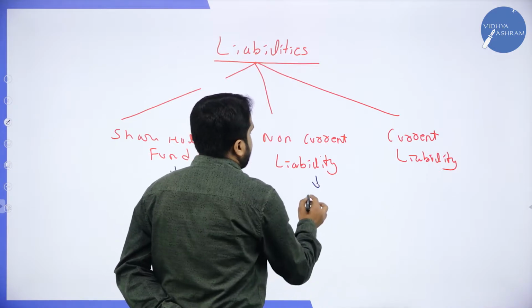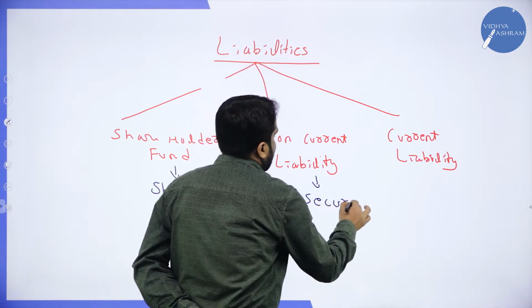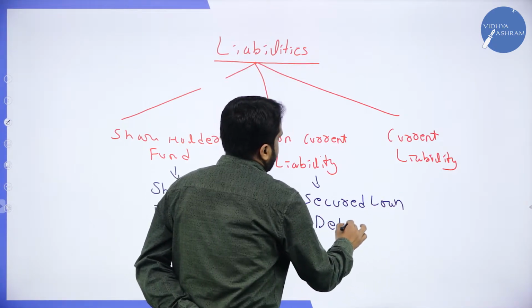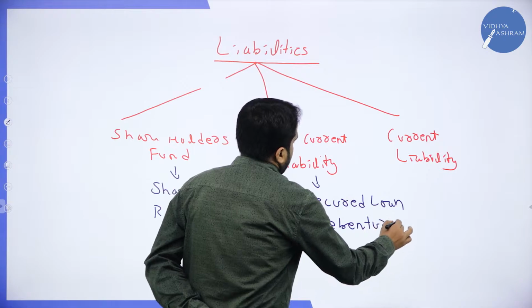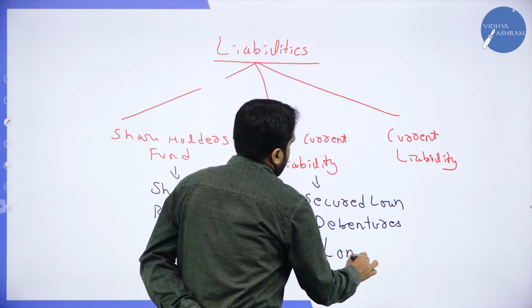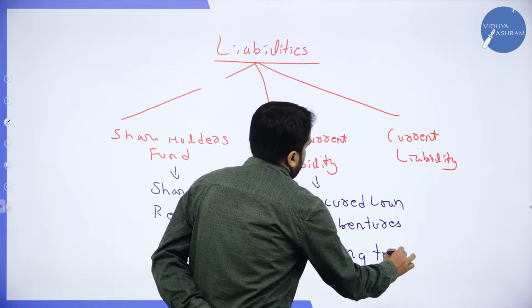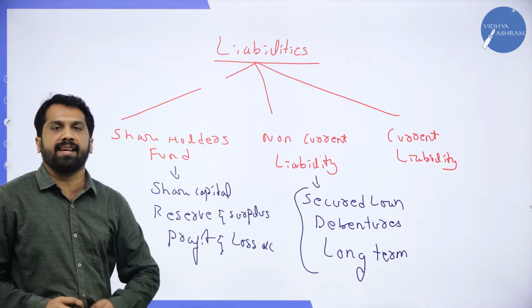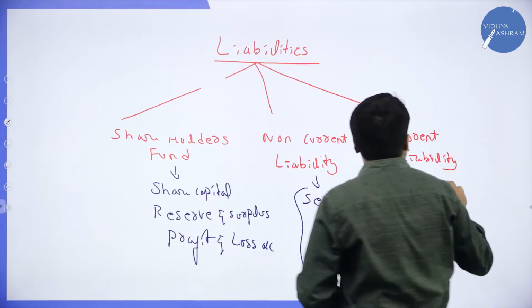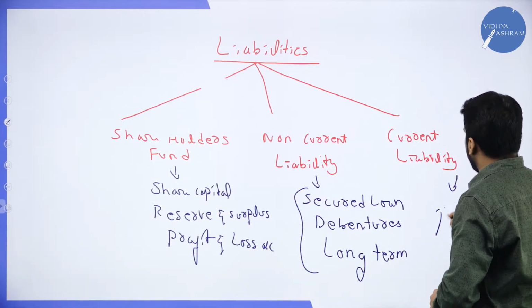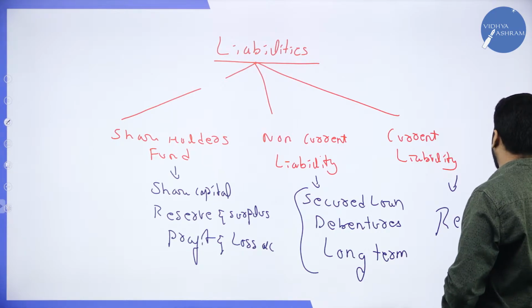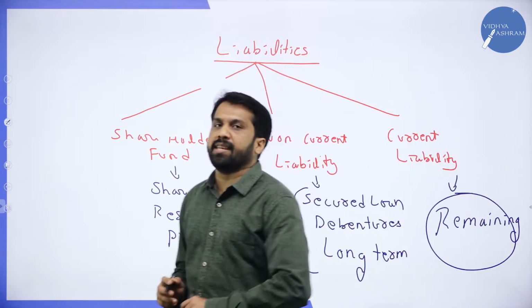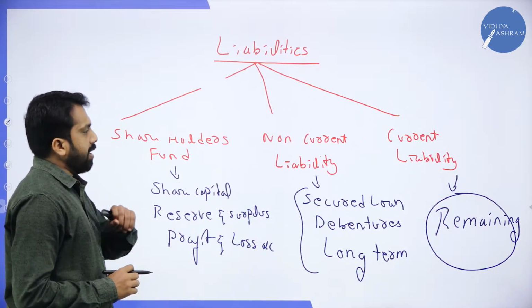Under this, you will get secured loan, debentures, long-term loans. These things come under non-current liability. The last part, current liability. Remaining things come under current liability.